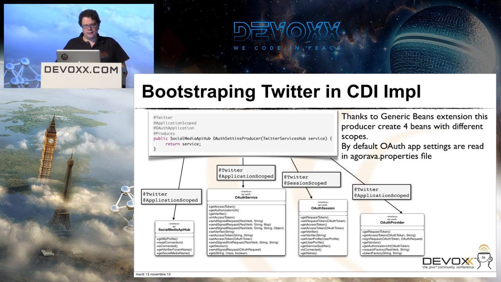Under that, I have a scope. So this API hub is defined for the whole application.